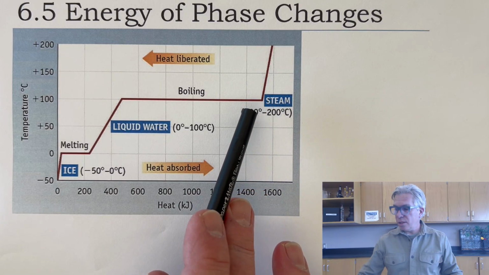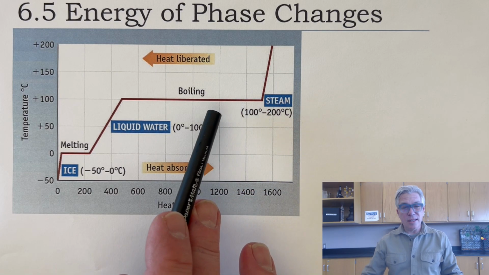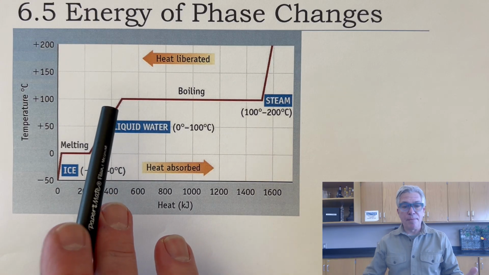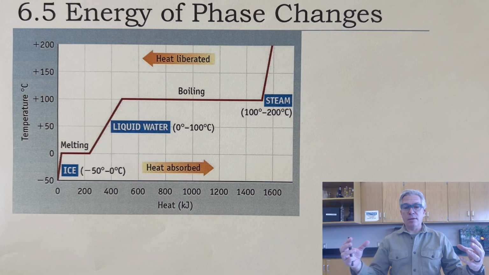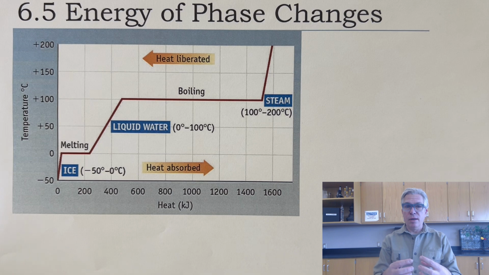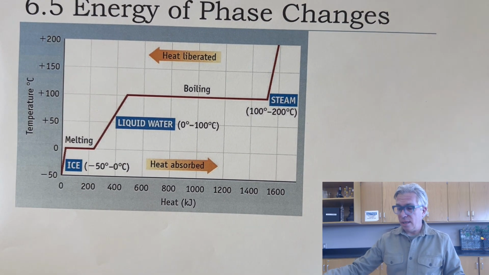So if you cool something down to its boiling point, you would see not a temperature change going on, because at that point, the molecules are coming together and forming new attractions. If they were in the gas phase and now they're coming to the liquid phase, those attractions release energy in the same way as a chemical bond releases energy, and so we don't get any temperature change out of it.